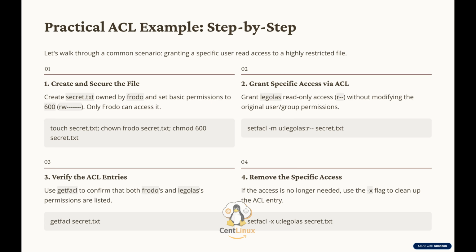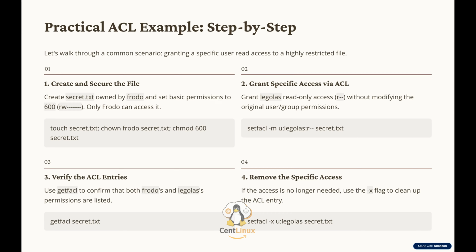Step 2. Grant additional access using ACL. setfacl -m u:legolas:r secret.txt. Legolas now has read-only access without altering Frodo's original permissions.